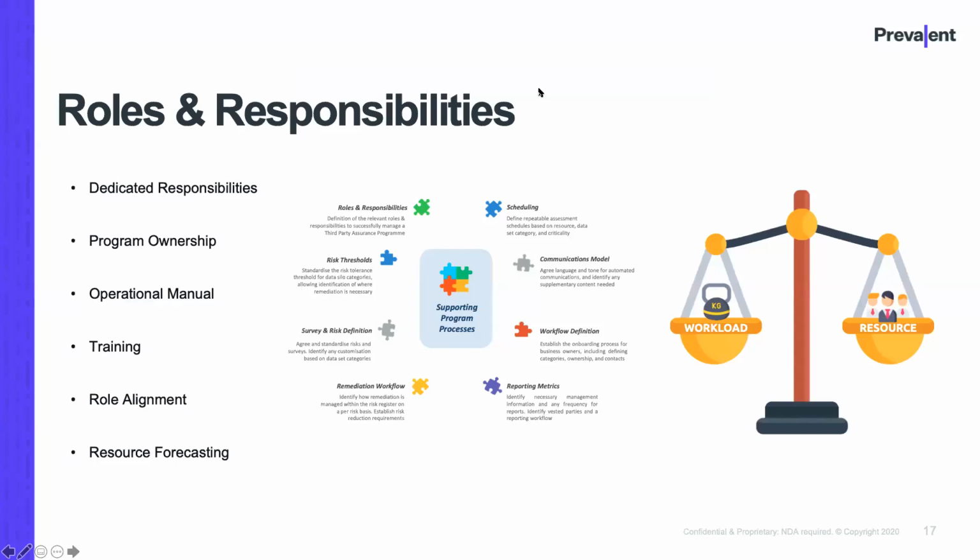This operational manual is a guidebook on how the different aspects of the workflow for managing a program day to day should operate. It includes the process flows for onboarding, the communication approach, the assessment content guidelines, how you would go about reviewing and remediating risk items, all the way through to the types of reporting templates that are required as well.